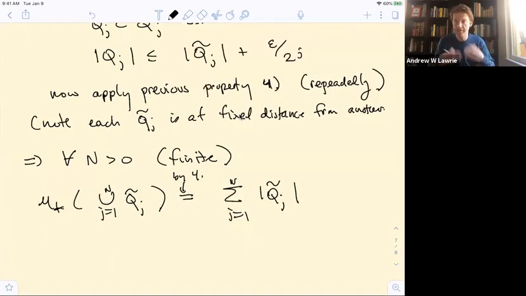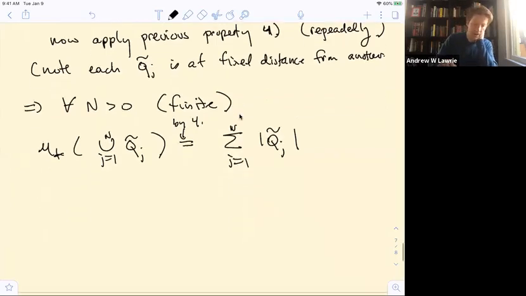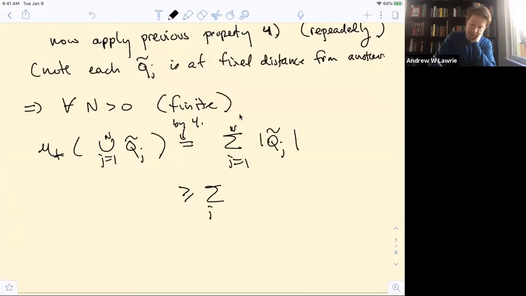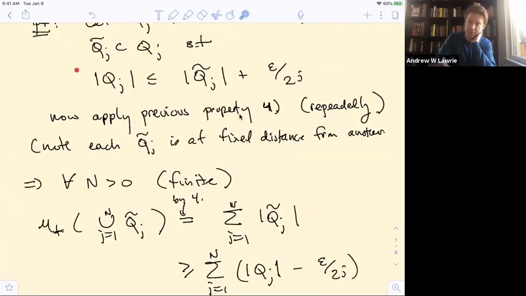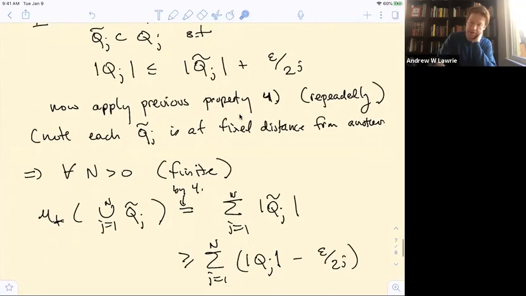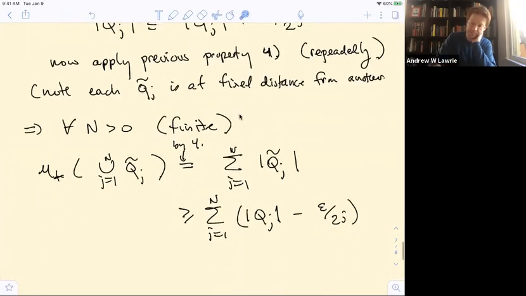For each fixed n, we can find the delta such that all of these sets have a uniform bound away from each other. This is bigger than or equal to the sum from j equals 1 to n of QJ minus epsilon over 2 to j, because the QJ twiddles are picked like this. So now I just subtract epsilon from both sides.